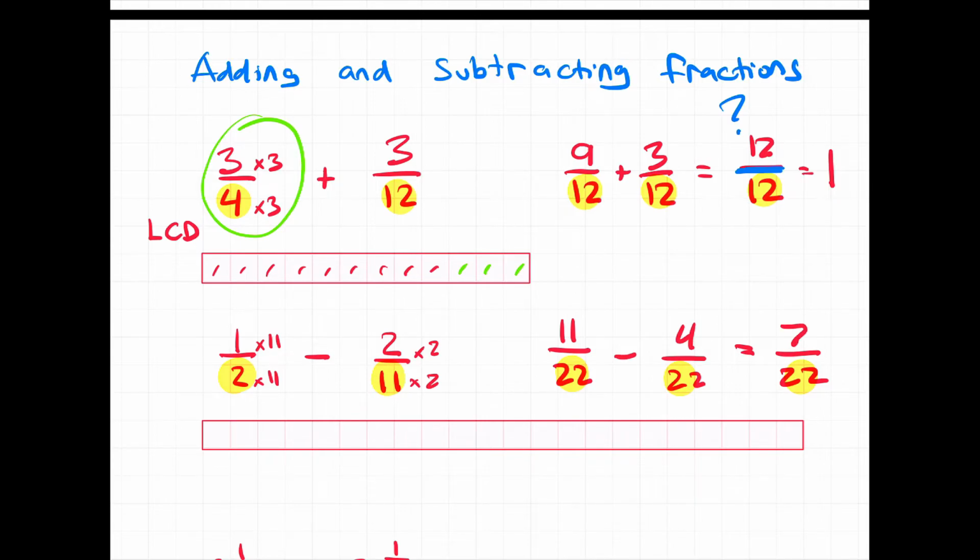And now I have to ask myself, is this in simplest terms? Well, the only numbers that can divide into 7, because it's a prime number, are 1 and itself. 1 will not change anything, but 7 divided by 7, I can do that. Can I divide 7 into 22? No. So this becomes our final answer.